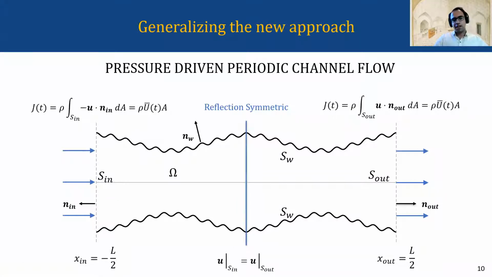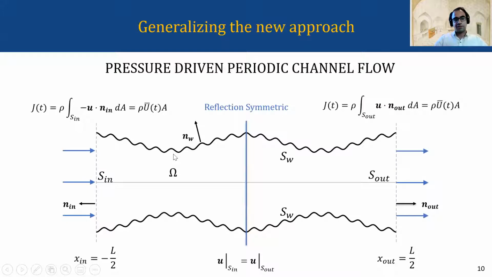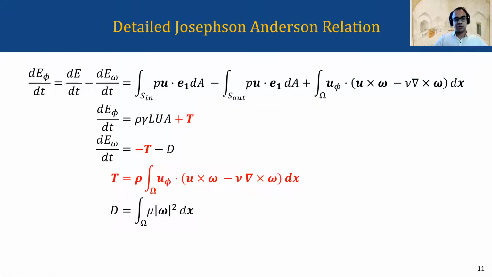We can have the same sort of decomposition. The whole thing goes through essentially with the condition that this phi is constant at the inflow and at the outflow. So you can see that if you put x equal to minus L, phi is constant. If you put x equal to L over 2 or plus L, phi is constant. So we get the same decomposition, and we see that the whole relation goes through.